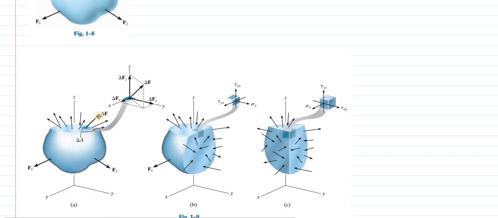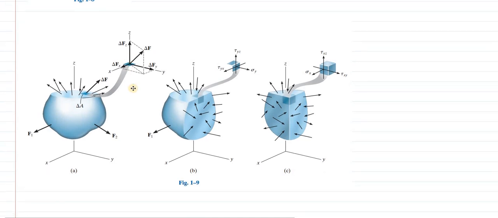We can resolve delta F into 3 components: delta Fx directed along the x-axis, delta Fy directed along the y-axis, and delta Fz directed along the z-axis. So the actual force delta F contributed by delta A is now resolved into 3 components: delta Fx, delta Fy, and delta Fz.